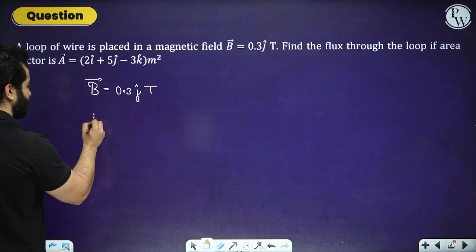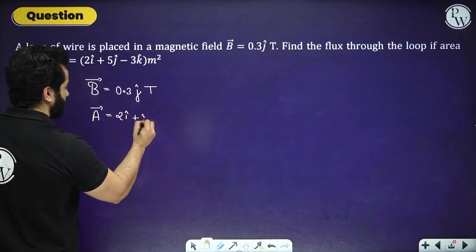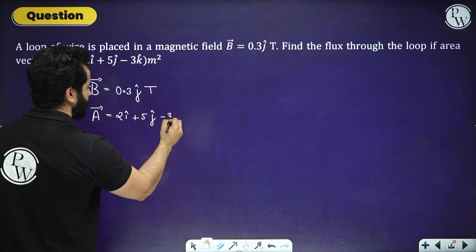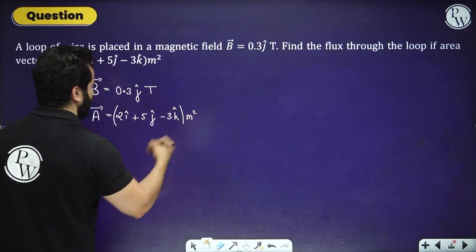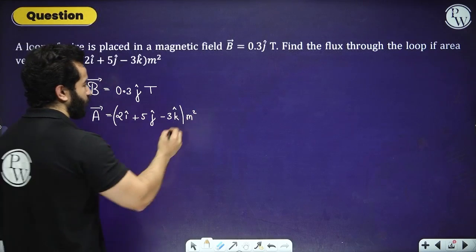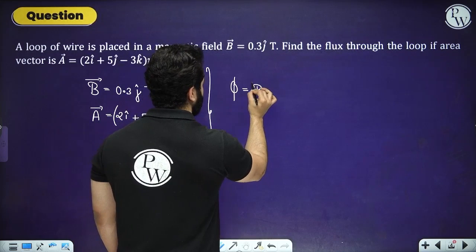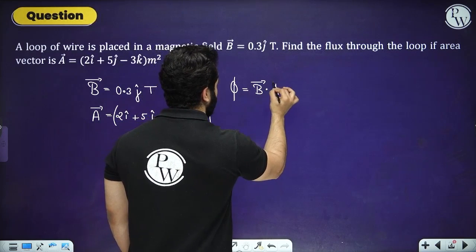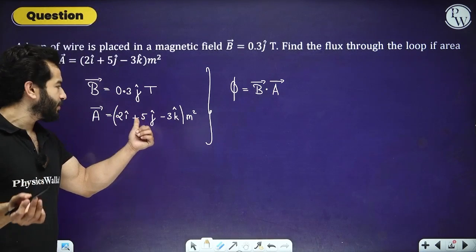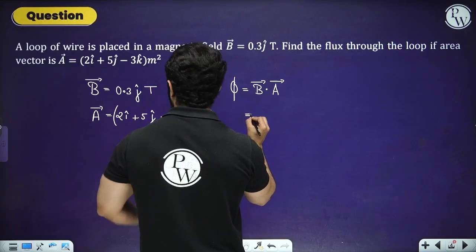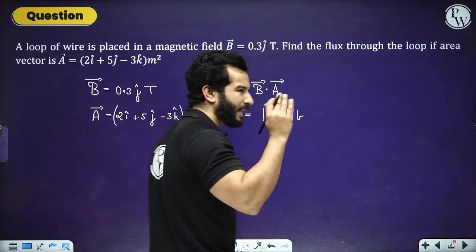The area vector is given as 2 i cap plus 5 j cap minus 3 k cap meter square. For finding the flux, you are just going to write down the dot product of these two, that means B dot A. The magnetic field is only along j cap, so we just multiply it with j cap, everything else will be 0. That means the flux will come out to be 0.3 times 5, which is 1.5 Weber. That's it. Very easy question, I know.